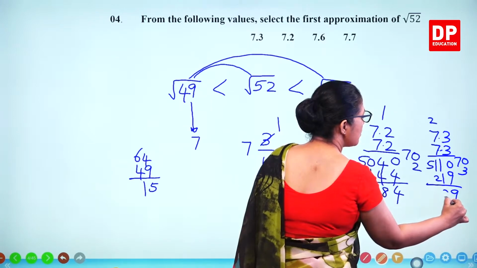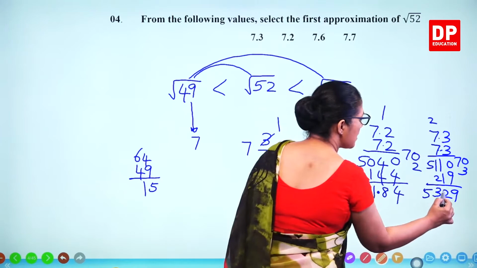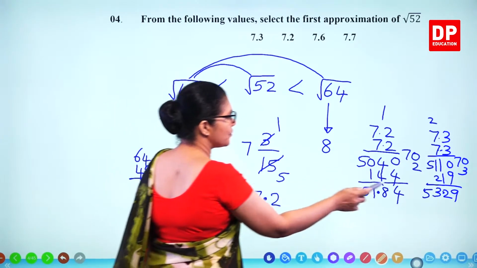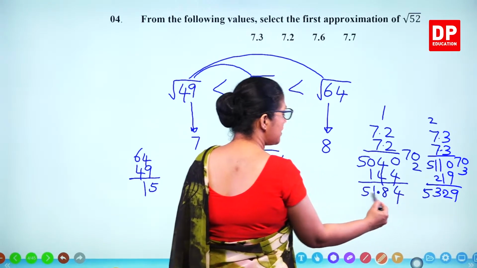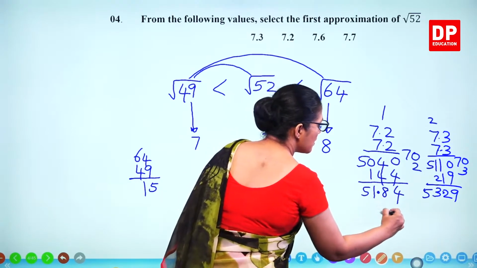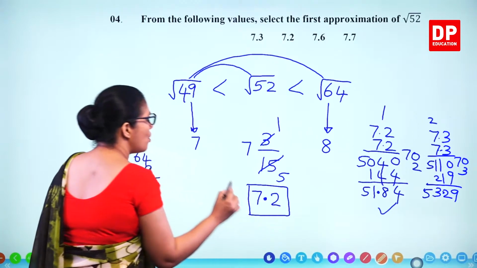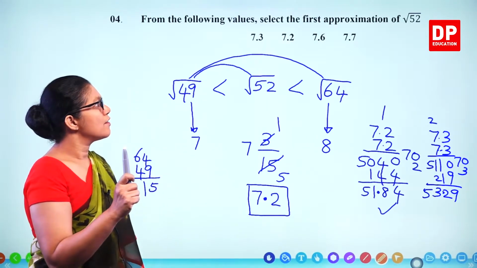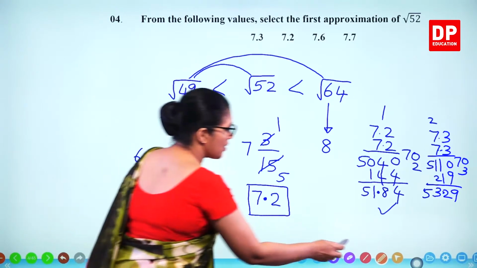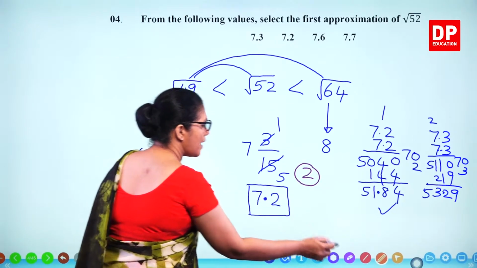When you add it, you are getting 53.29. So which one is closer to 52? This is like 1 point something. This is just point something. So this one is the closest. That means 7.2 is the approximated value, the first approximation to root 52. So you get full marks, 2 marks for that.